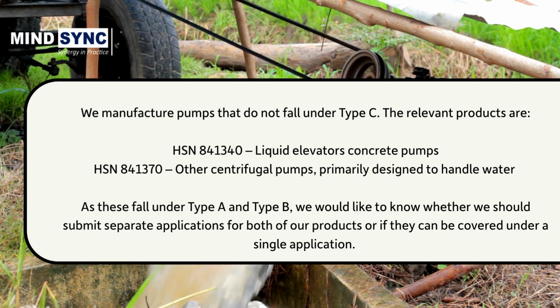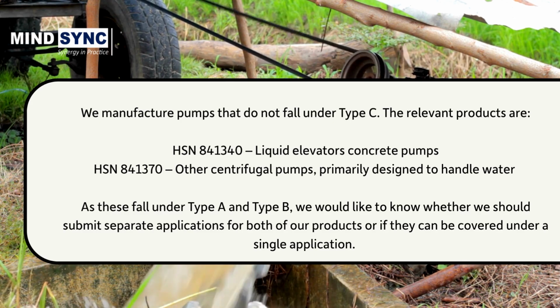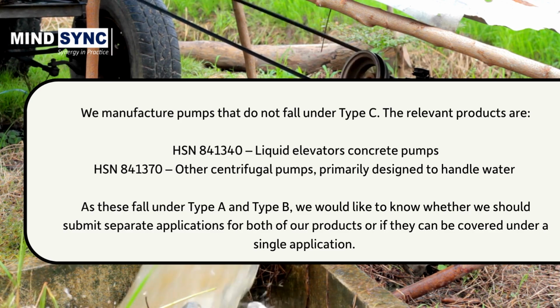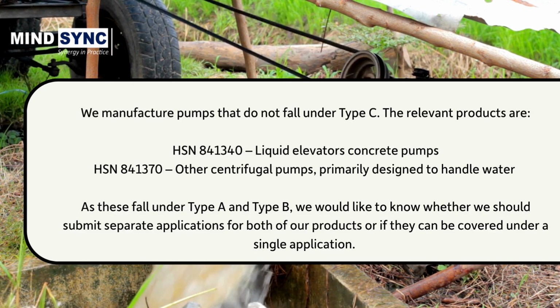So basically the question is, their product does not fall under Type C and they have two kinds of product and they are in doubt whether to submit a separate application for both or a single application would be okay for the same category.